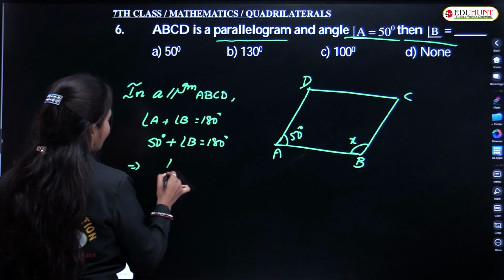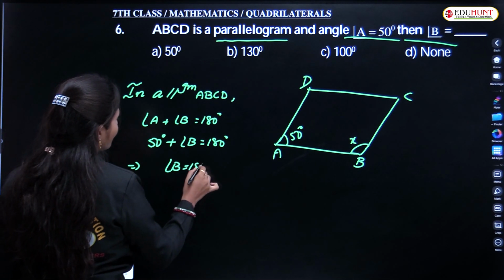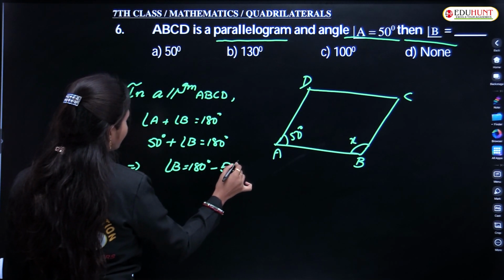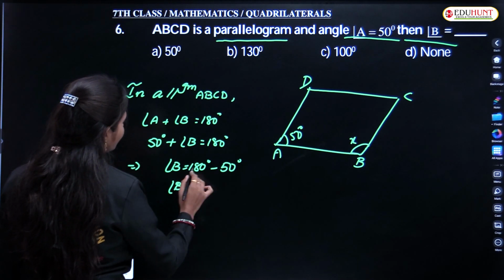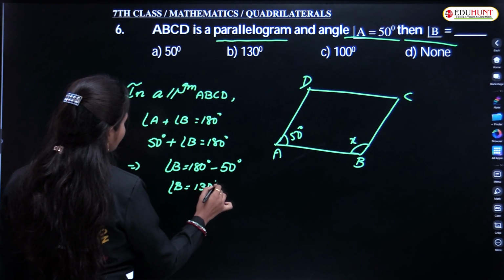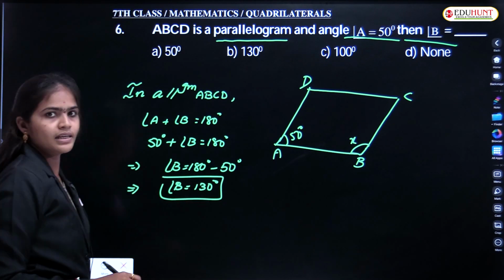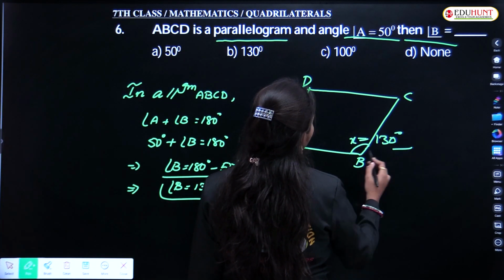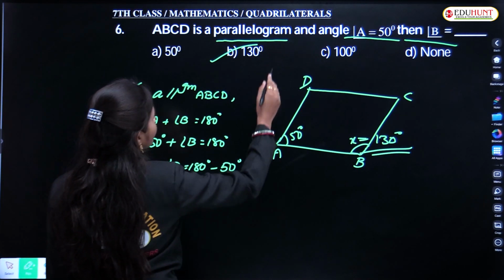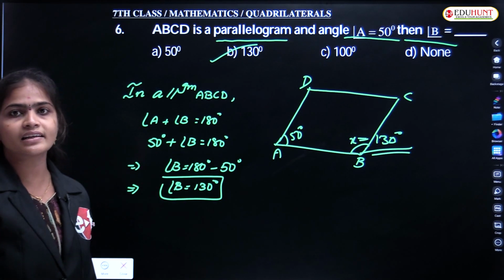So from this one angle B is equal to 180 degrees minus 50 degrees. So here angle B is equal to 180 minus 50, which is equal to 130 degrees. Okay. So here x is equal to 130 degrees. So which option is correct? Yes, option B is correct here.